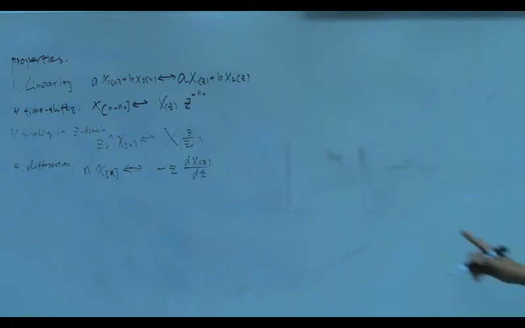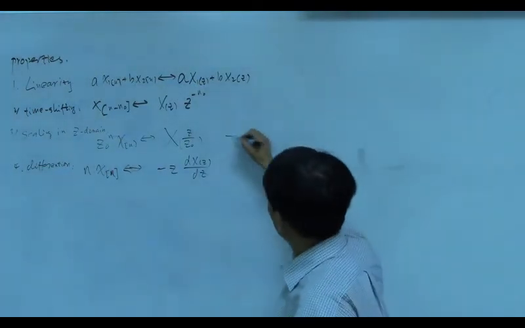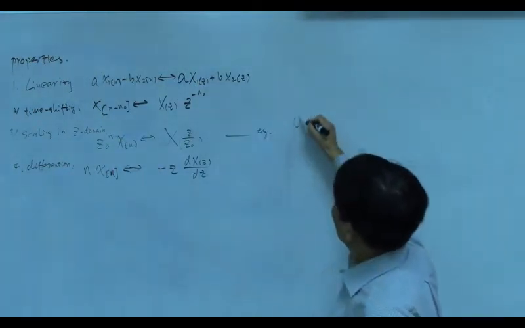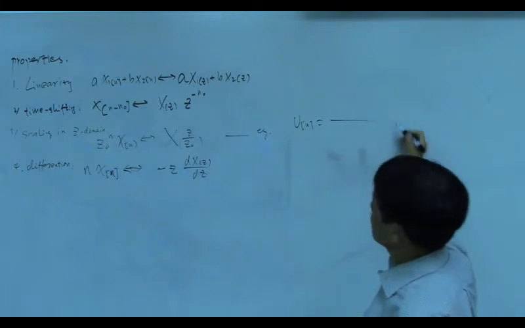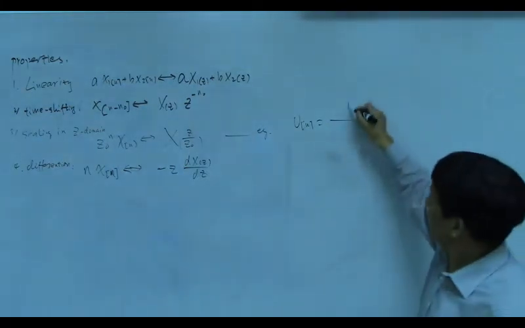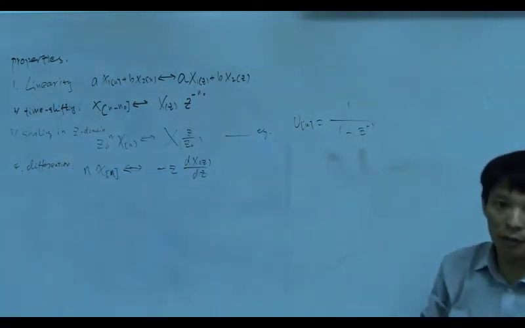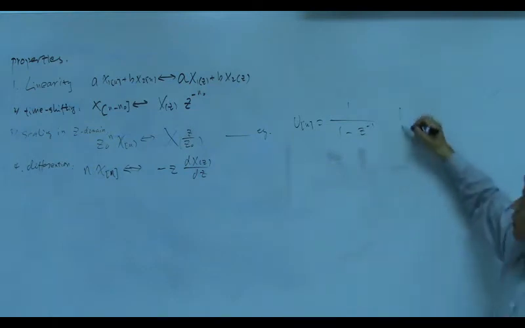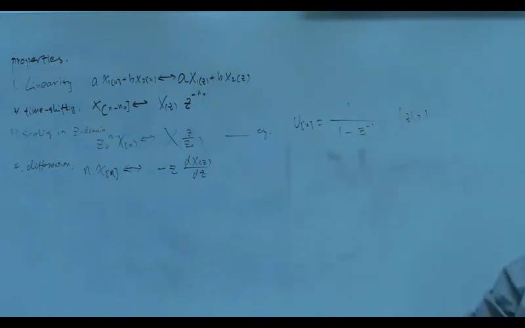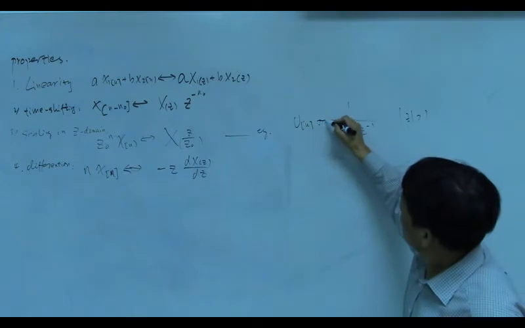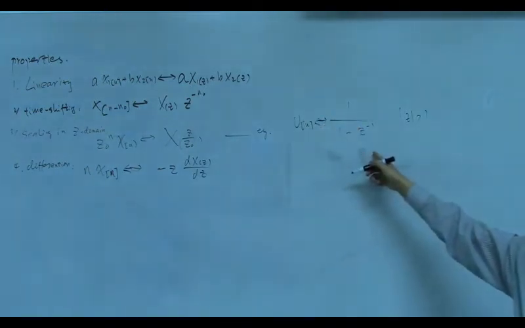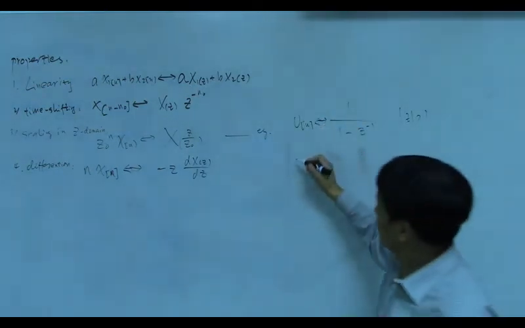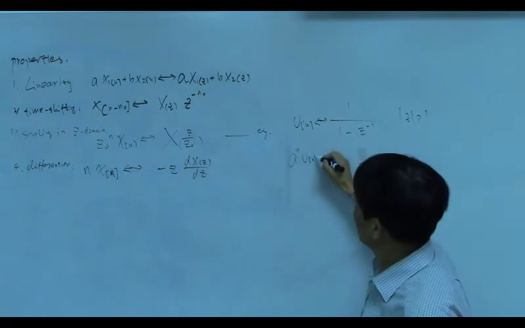We can verify this, right? For example, u[n]: what is this? That is 1 over 1 minus z to the negative 1, right? And z is greater than 1. Now let's see a to the n u[n].